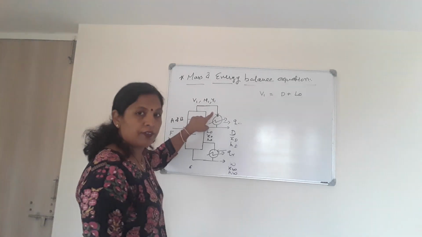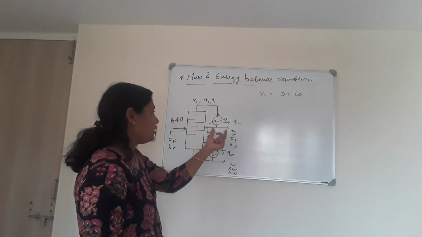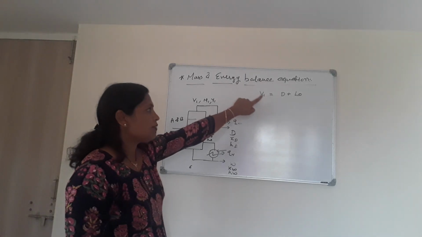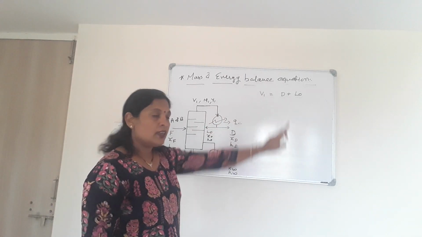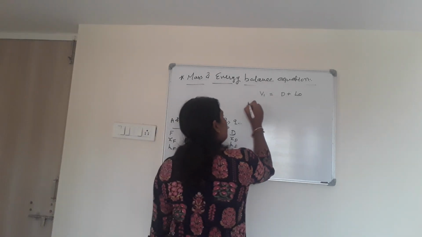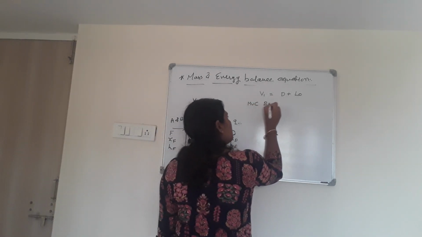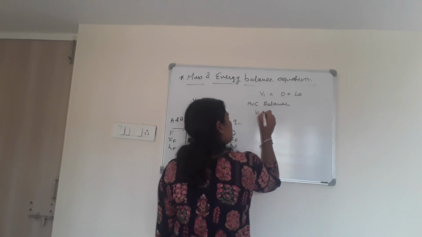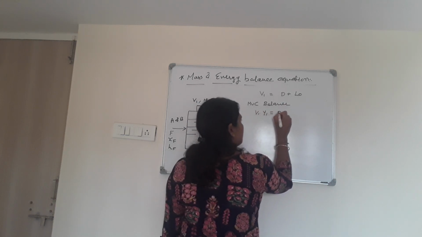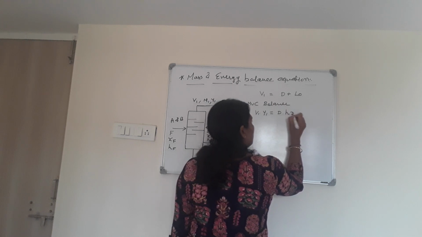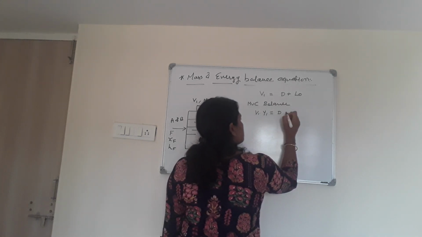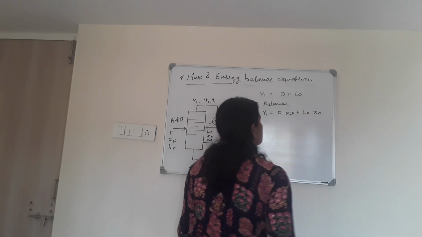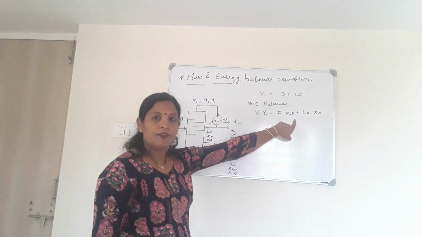Whatever V1 comes here, it will be divided into two parts, L0 and D. So the equation is V1 is equal to D plus L0. Now if you take the MVC balance, it becomes V1 into Y1 is equal to D into XD plus L0 into X0. Okay, this is the MVC balance.